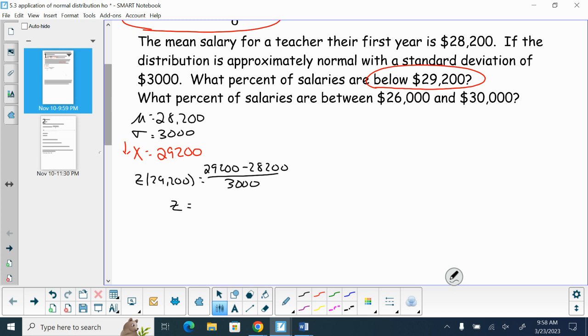You want to calculate this value and round to the nearest 2 decimal places, because our table goes to 2 decimal places. If you're going to type it in, put parentheses around 29,200 minus 28,200, then divide by 3,000.